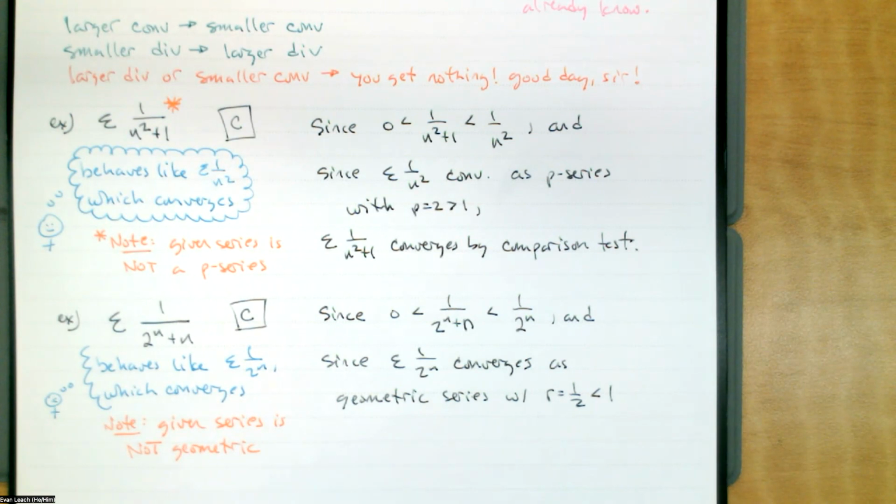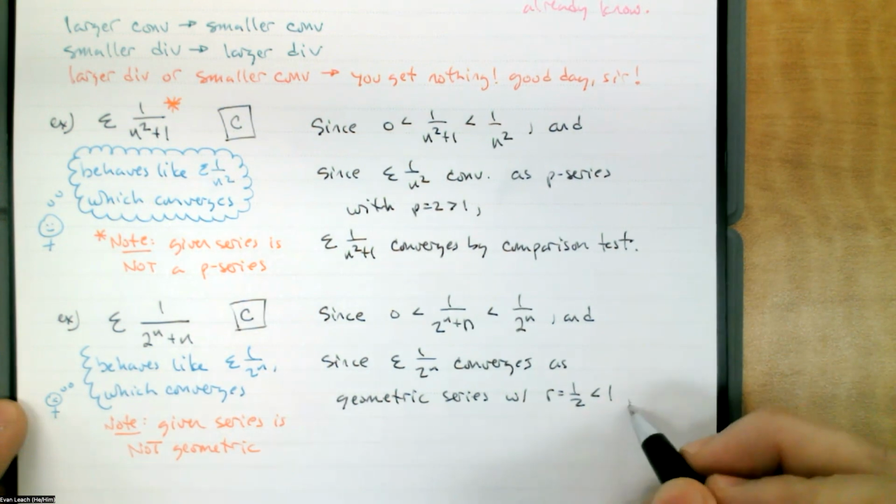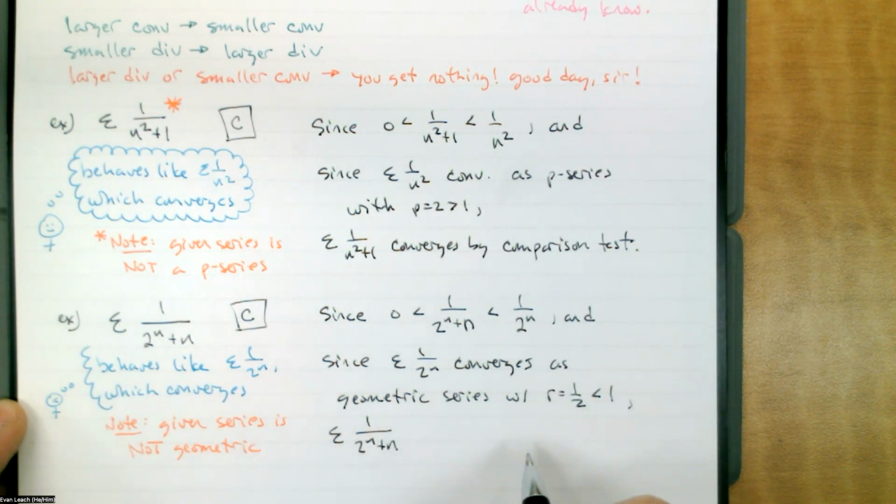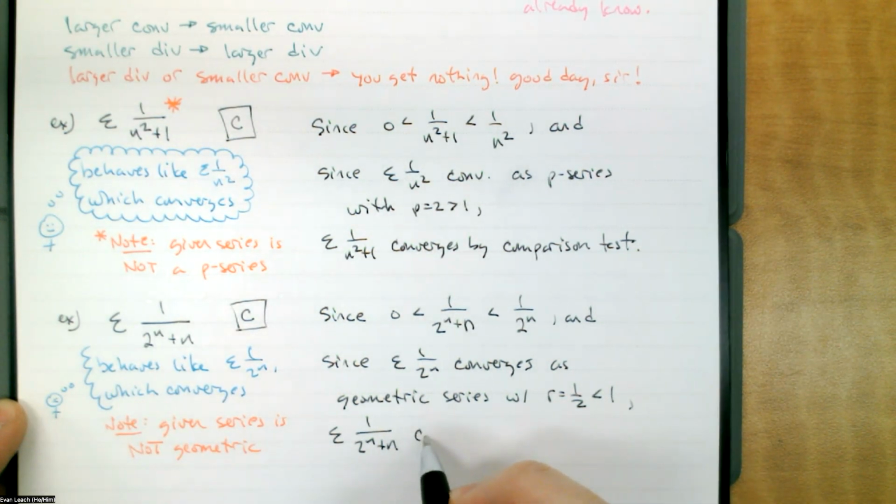And the series 1 over 2 to the n is geometric with a common ratio of 1/2, which is less than 1. Because of these two things, we can conclude the series 1 over 2 to the n plus n converges by the comparison test.